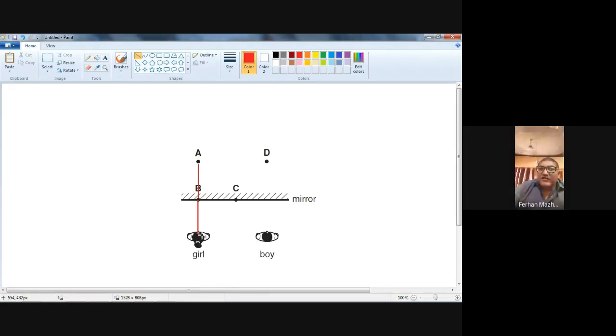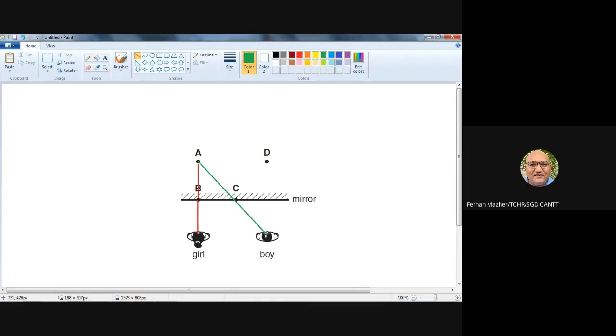I have started a ray from the girl and it's making a 90-degree angle with the glass and it went on to the other side. So the distance of the girl from the mirror, the same distance on the other side. Wherever it stops, I will start a ray and take this ray to the eyes of the boy.